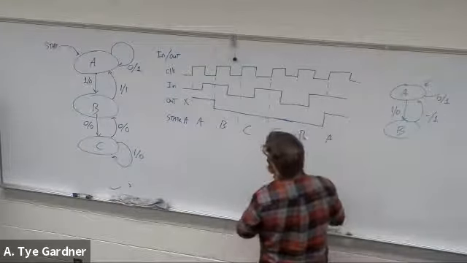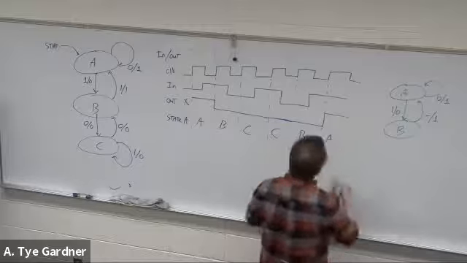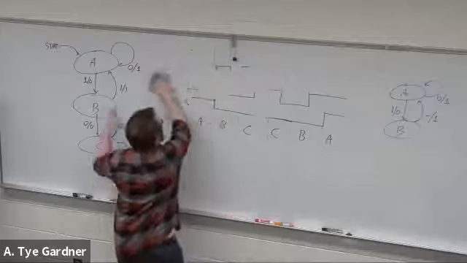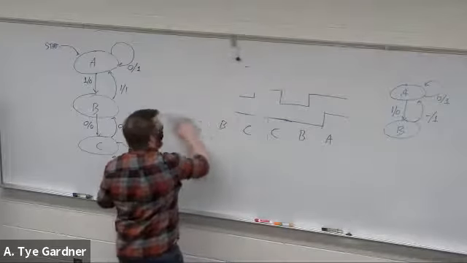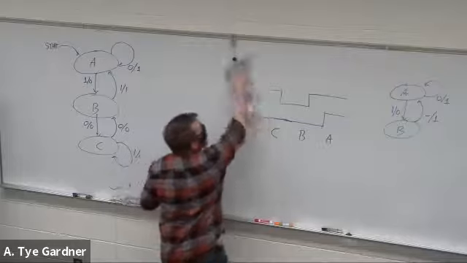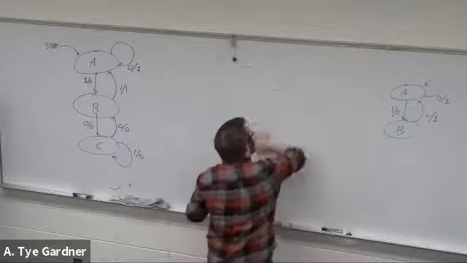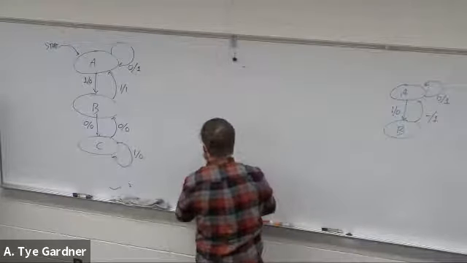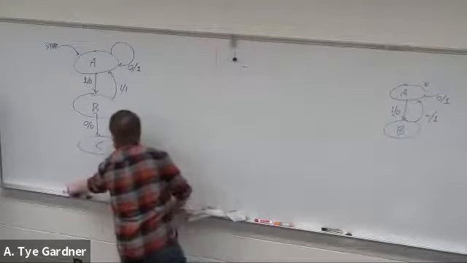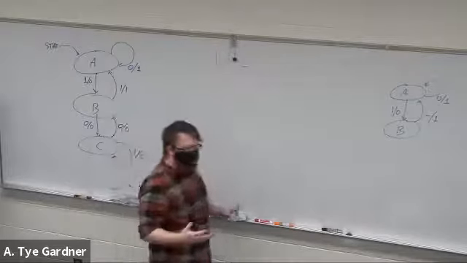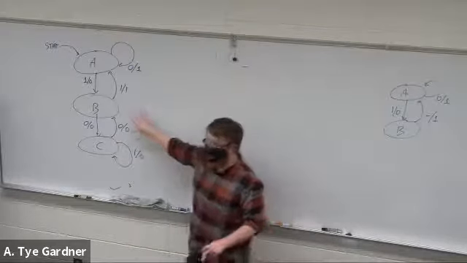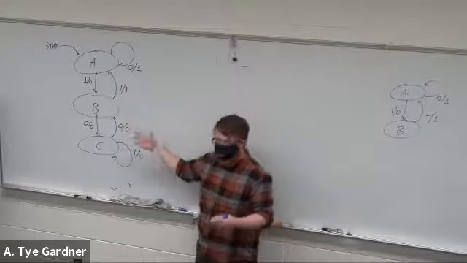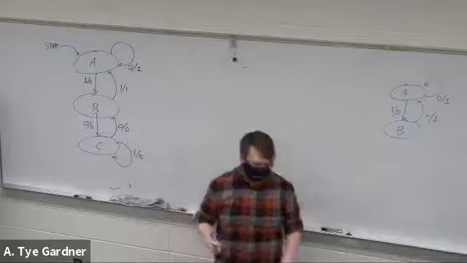But let's go ahead and talk about the next tool that we have for describing this state machine. So the next tool that we have, this is actually the best tool to start out with because it's very human readable and very intuitive and very easy to change if you decided you don't like your design.